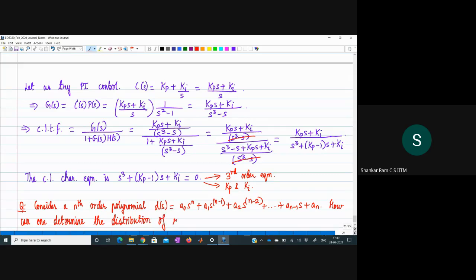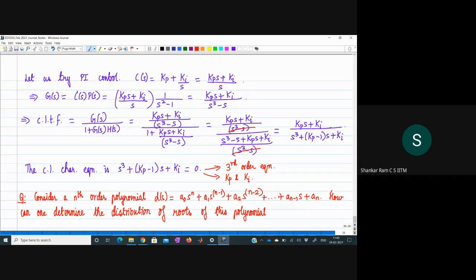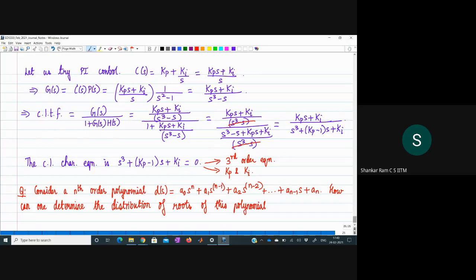Without calculating them. If you want to solve for roots, once again, particularly when you have these unknown parameters, it's going to become very, very difficult. On the other hand, we only want conditions on the coefficients such that the closed loop characteristic polynomial is Hurwitz.